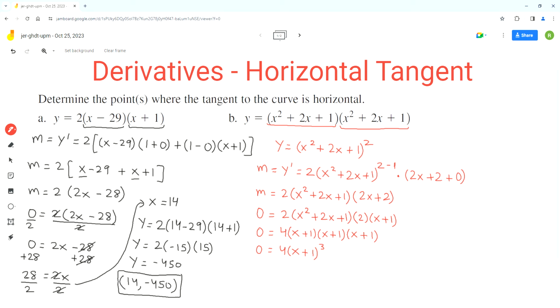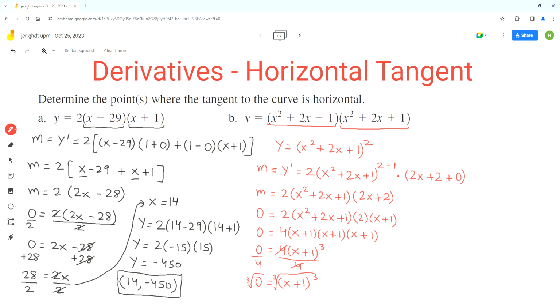Now we have to solve this equation to find the x value at which the tangent is horizontal. So the first step is to divide both sides by 4. So the 4's on the right side will cancel each other out. So we get 0 equals (x plus 1) cubed. Now we can apply the cube root to both sides.